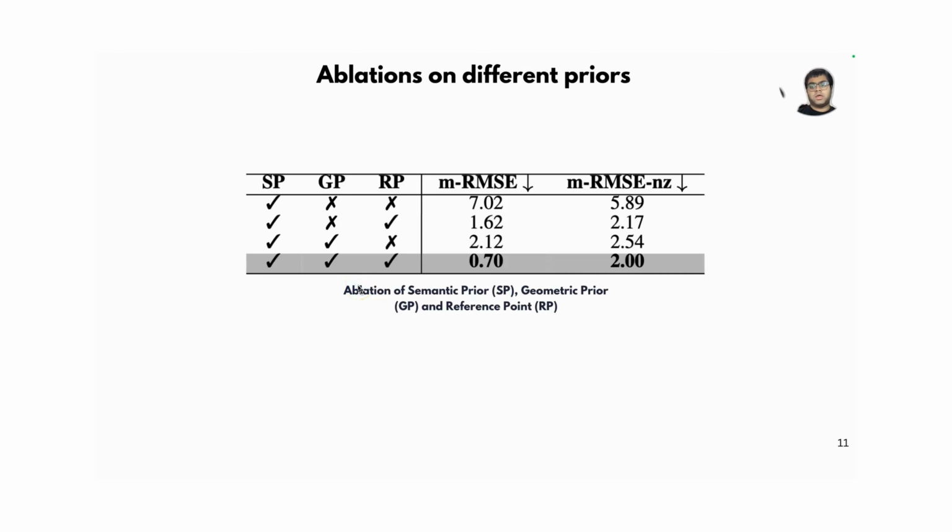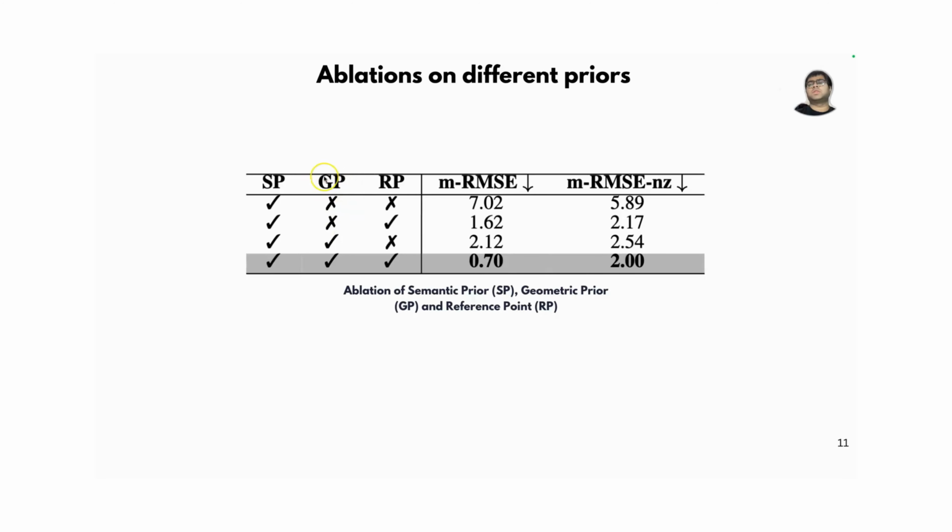In this slide, we analyze the performance of different priors used in OmniCount. First, we analyze the importance of depth refinement in our work. OmniCount enhances SAM segmentation performance using semantic and geometric priors. In our experiments using the OmniCount-191 dataset, we show that the absence of geometric priors leads to a significantly higher error rate in both metrics, demonstrating that SAM struggles with oversegmentation and overcounting without geometric priors.